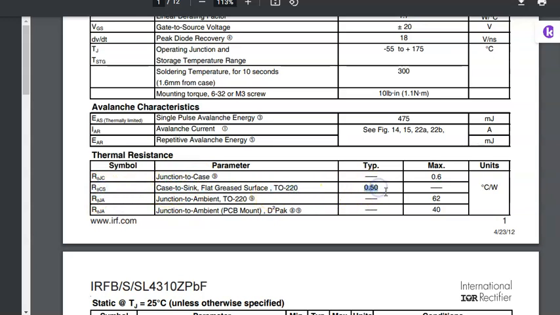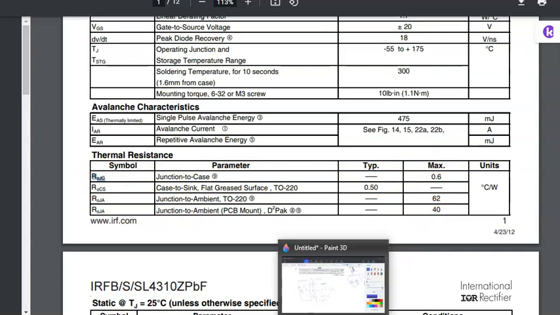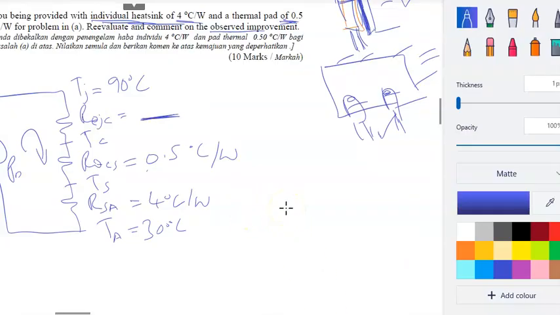If you put the grease, you can use it here, but we have been provided with a thermal pad, which is the same amount, so no problem, use the thermal pad value. Now RJC is 0.6, so right here RJC of 0.6 degrees C per watt.